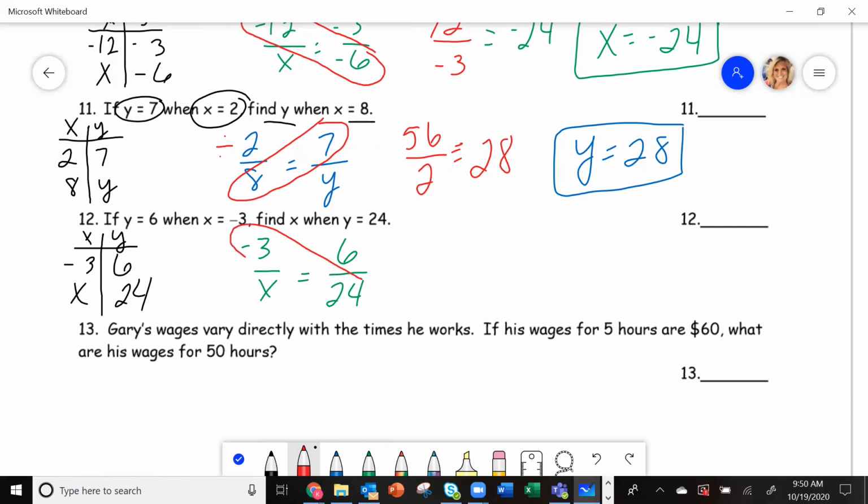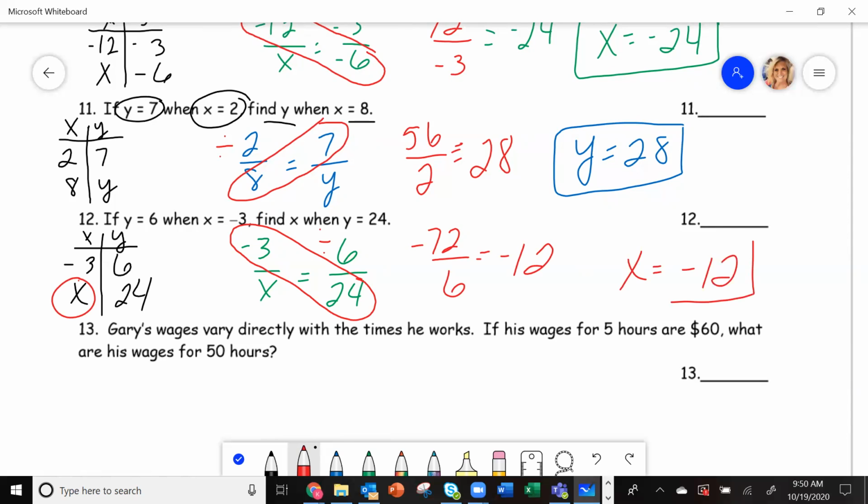I'm going to multiply the diagonals and divide by the other number that is not in that little bubble I just did. 24 times negative 3 equals negative 72, and I'm going to divide it by 6. Divided by 6 gives me negative 12. They want us to find the x, so x equals negative 12. This is what your answer should have been.